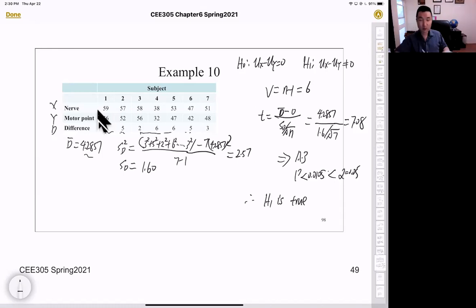All right, so far we have discussed all the situations to do hypothesis tests. The way to set up H1 and H0 is always the same. H1 is whatever we want to be able to conclude.